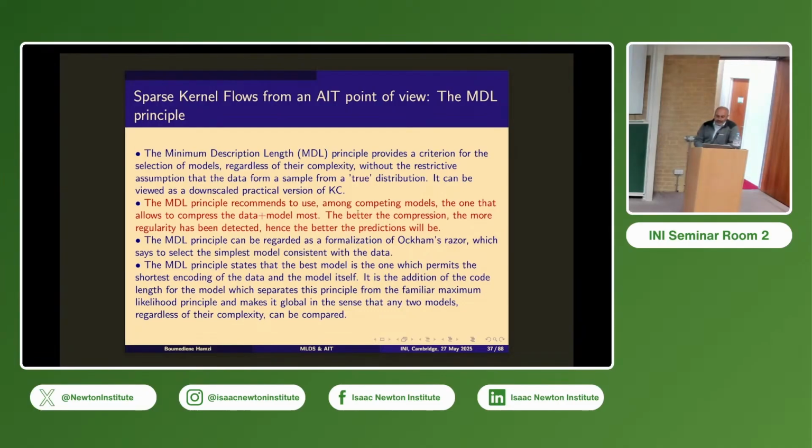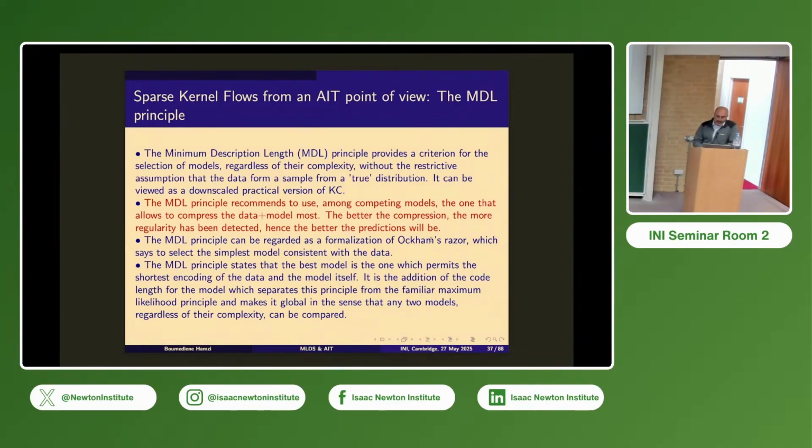The better the compression, the more regularity has been detected, and the prediction will be better. This is, in a way, a formalization of Occam's razor, which recommends the selection of the simplest model consistent with the data. But again, we want to compress both model and data.